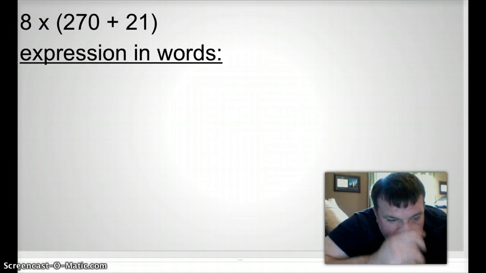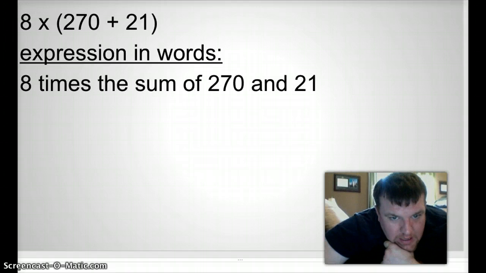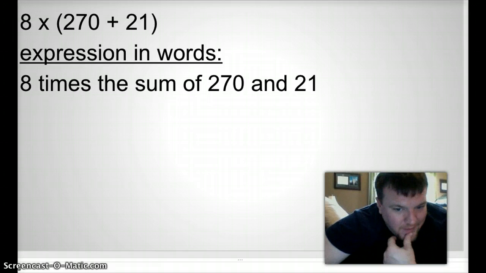This expression in words would look like this: 8 times the sum of 270 and 21. Try to find the value of it.